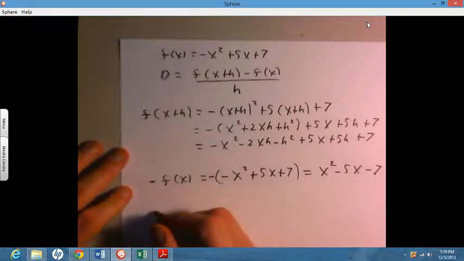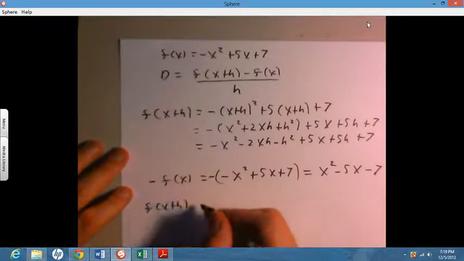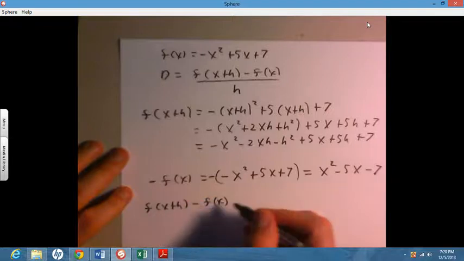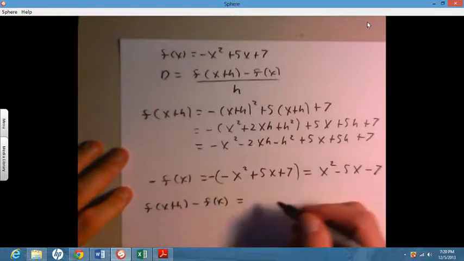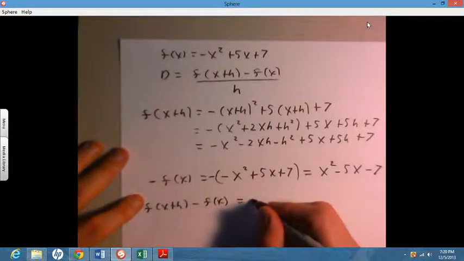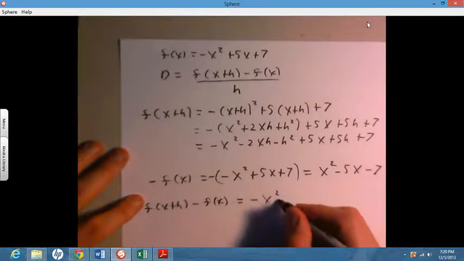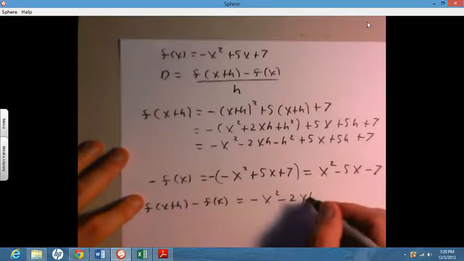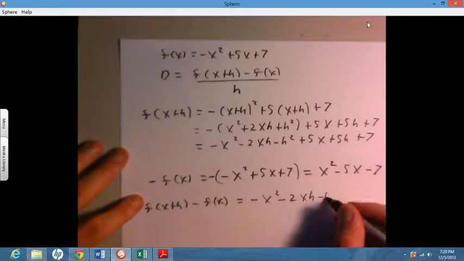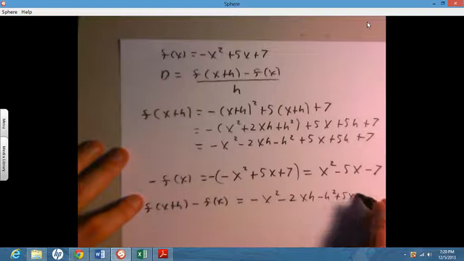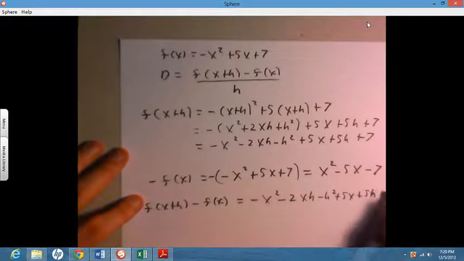So f of x plus h minus f of x is just going to be this guy up here, which is going to be negative x squared minus 2xh minus h squared plus 5x plus 5h plus 7.